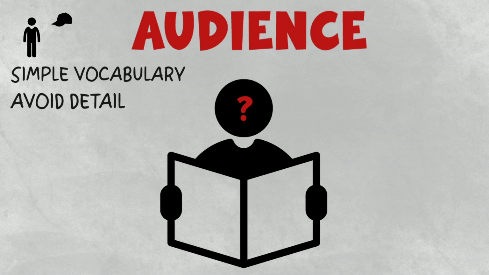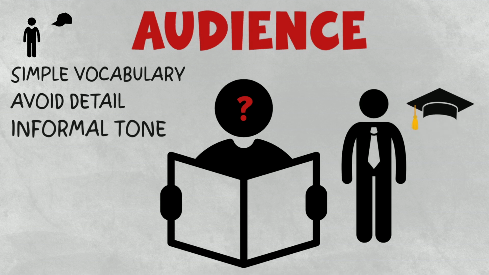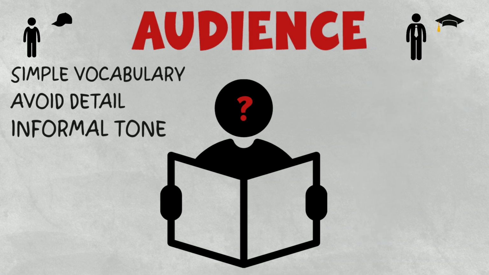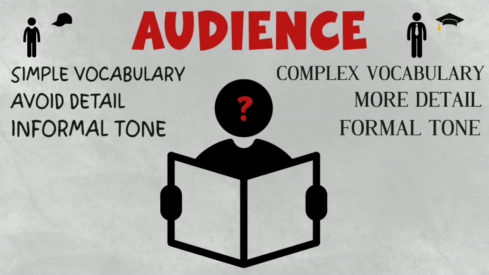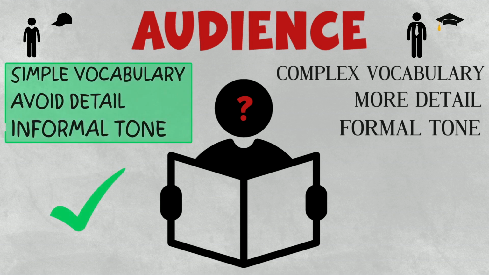Our tone can be more informal. For older, more knowledgeable readers, we can use richer vocabulary and add more detail. Our tone is likely to be more formal. For my explanation, I'm going to aim it at younger readers, so I'll keep the language clear, friendly, and just a little bit informal to keep it fun.